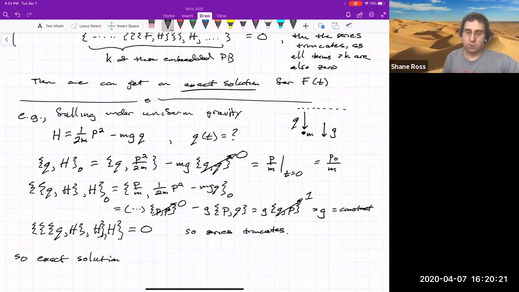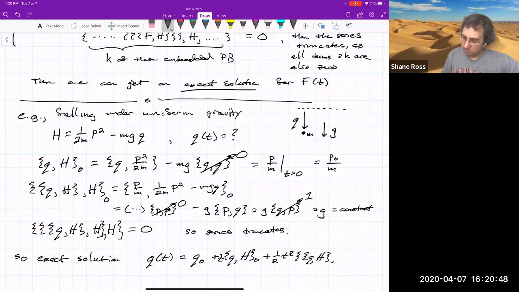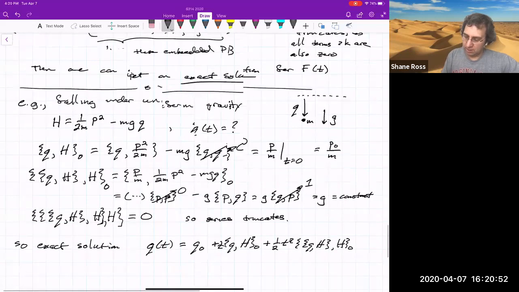Which fortunately we all know ahead of time because we've solved how things fall under uniform gravity. But here was another way to show it. And so we've got this plus Q with H, evaluated at time 0, times T, plus 1/2 T squared, Q with H, evaluated at 0. And then that was it, the series just truncates.